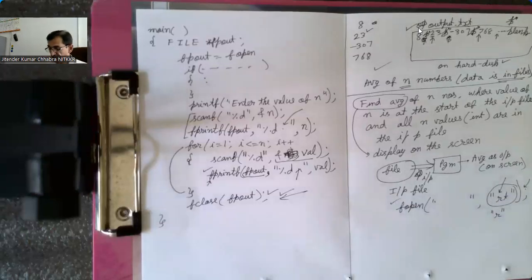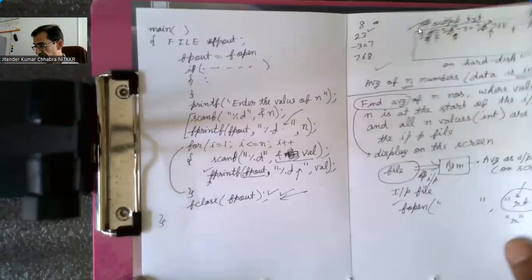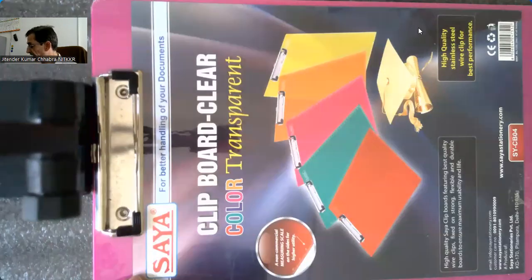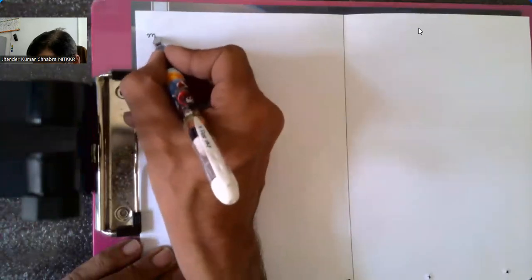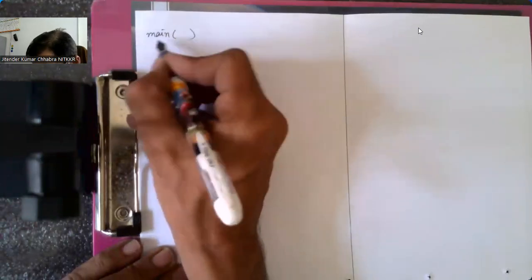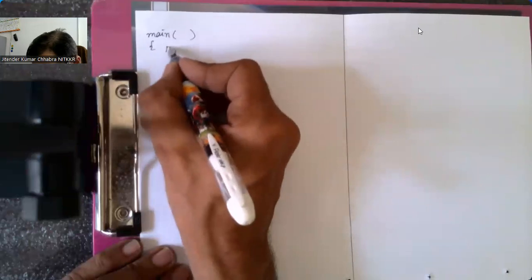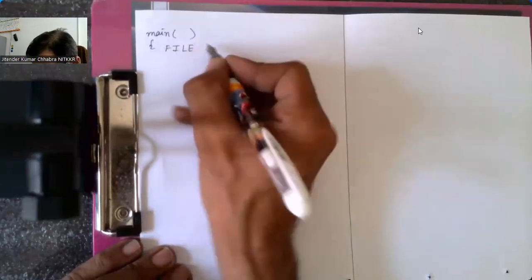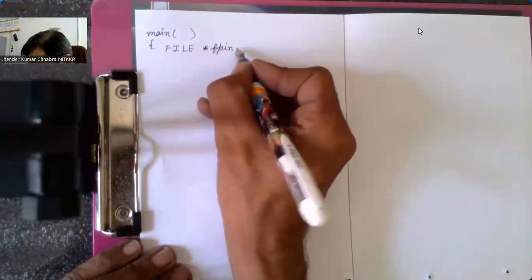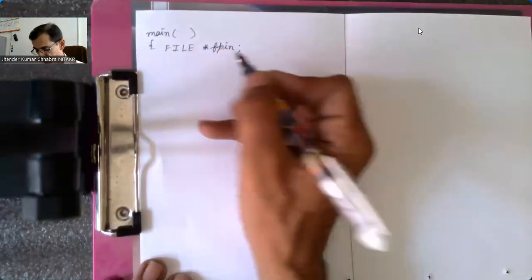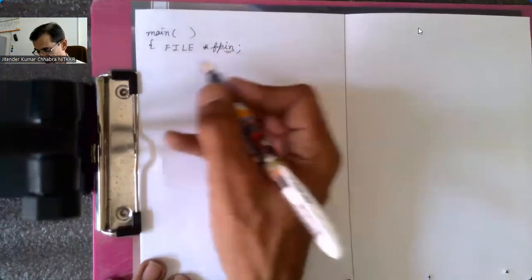Similarly, instead of fprintf, I will use fscanf. Instead of scanf, now everything will become in terms of fscanf. What does that mean? Let's have a quick understanding. In main, your file variable will be declared. For better naming, for readability, I will name it fpin, file pointer for an input file.